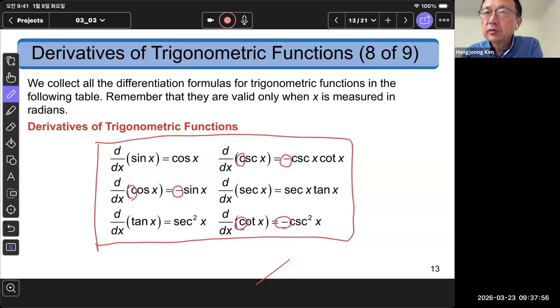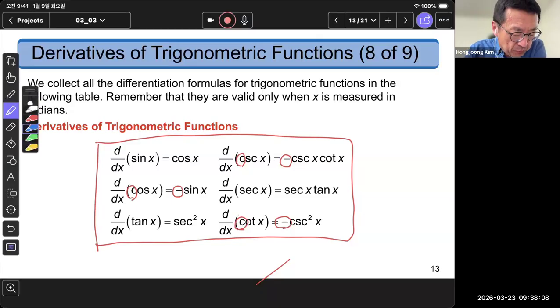So you need to memorize them, or at least you need to write them down in the formula. But if you came from engineering, and since many of you came from engineering departments, you need to memorize at least 4 of them, the derivatives of sine, cosine, tangent, and secant.